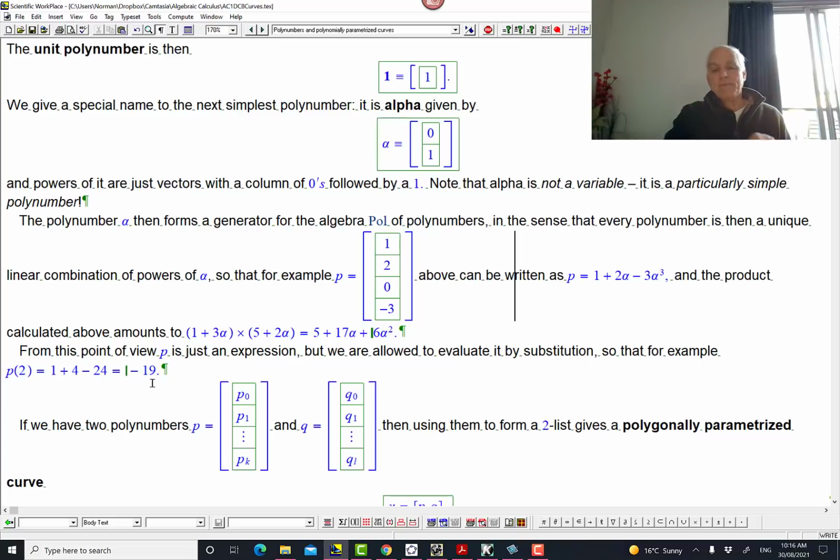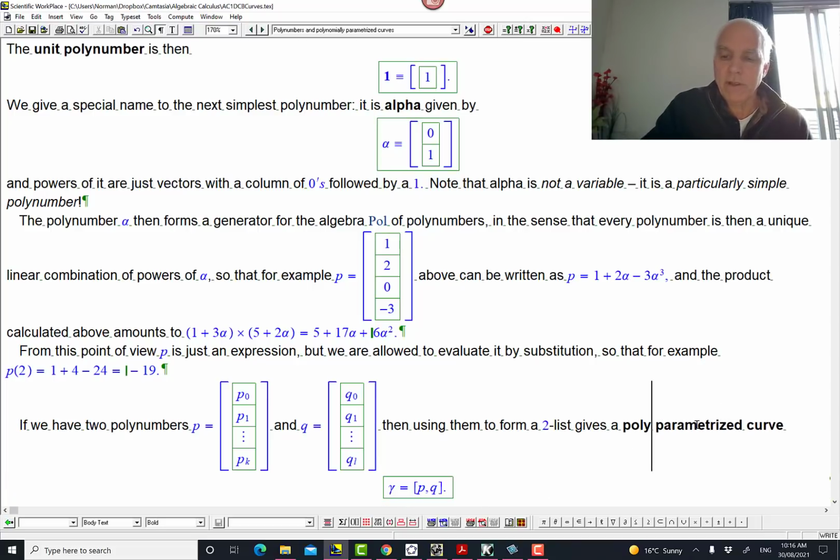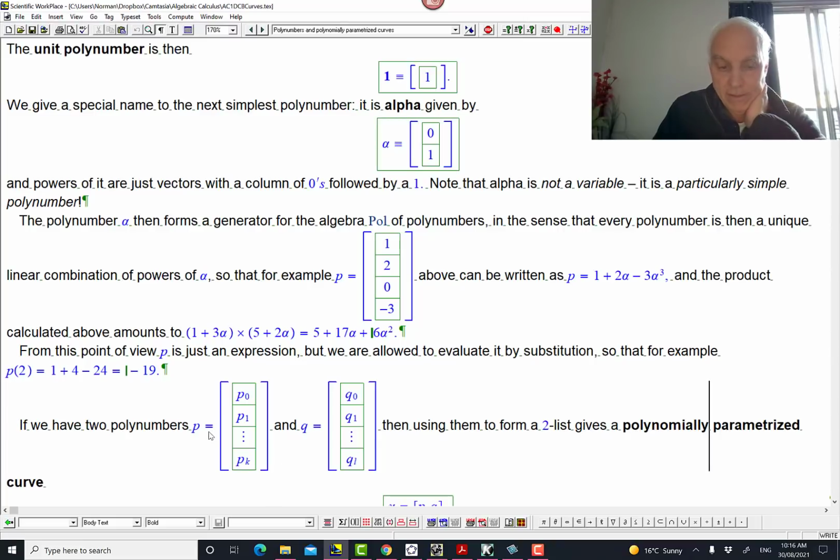So now we come to the critical object, which is a polynomially parametrized curve. What does this mean? We have two polynumbers, P, say of degree k, and Q, say of degree l.